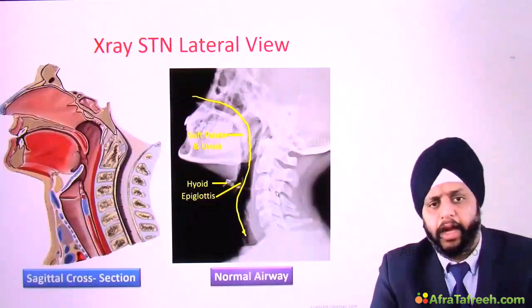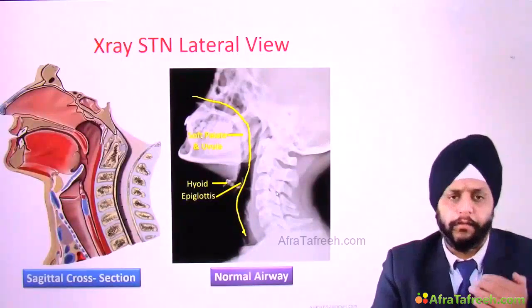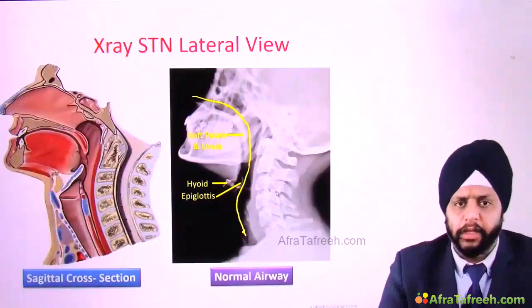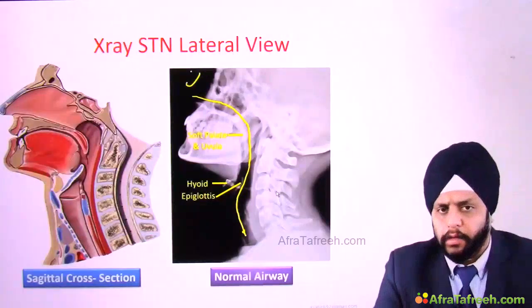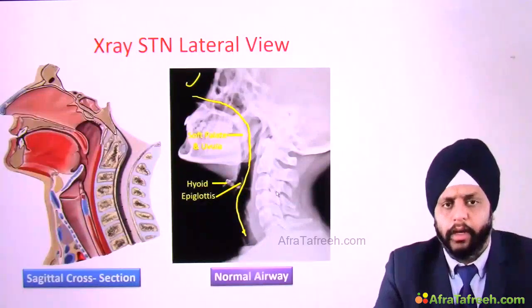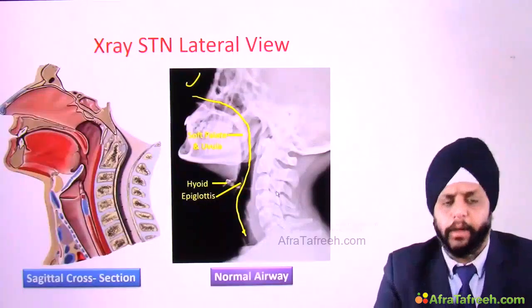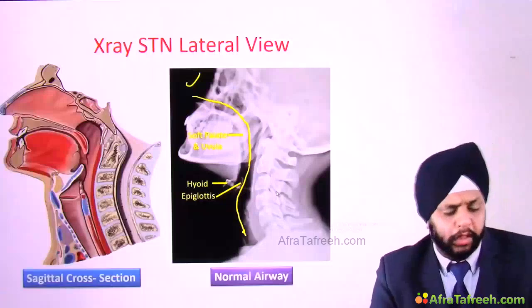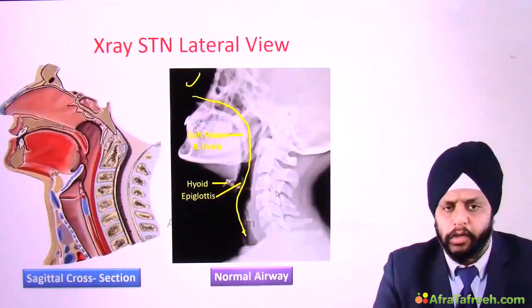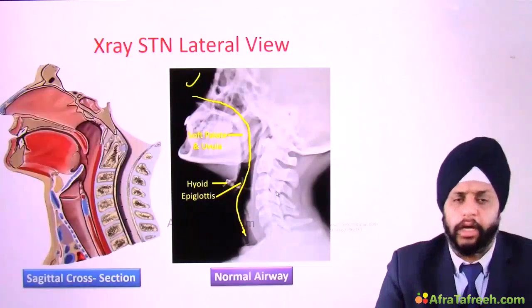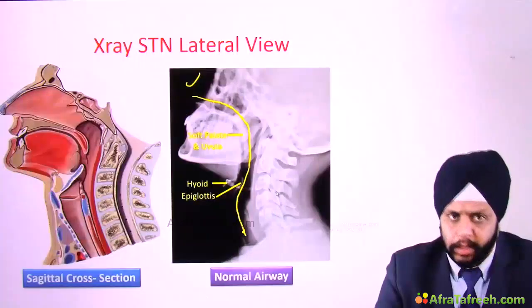So in fact, even despite development of CT scan and MRI these days, this X-ray view is very important, because in one X-ray view, in a quick shot, we are able to see the entire upper respiratory pathway. It is one of the X-rays which is still commonly used in ENT, and it is therefore asked in the exam multiple times.